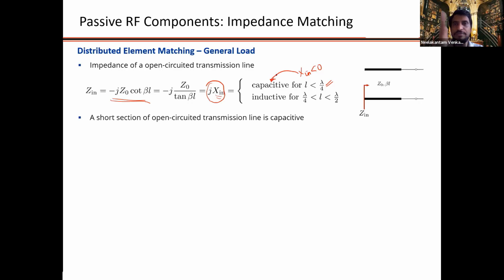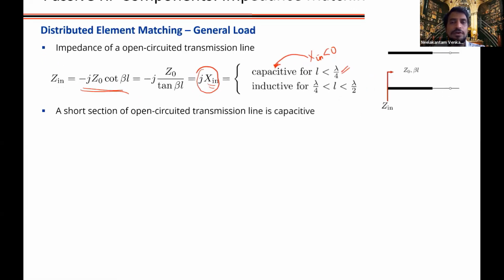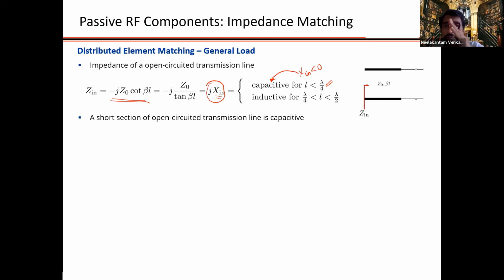But the cotangent curve is periodic, having both negative and positive values. It is only negative up until lambda by 4. Beyond lambda by 4 to lambda by 2, it shoots up to positive. That means Xn is greater than 0, which means it's an inductor. So the same open circuited stub, I can design with an additional length, and then I can even realize an inductor for that matter.